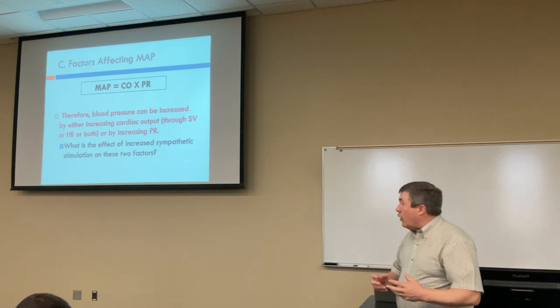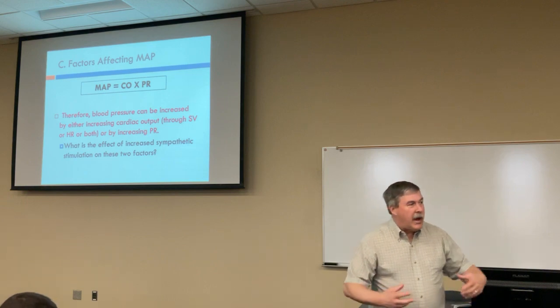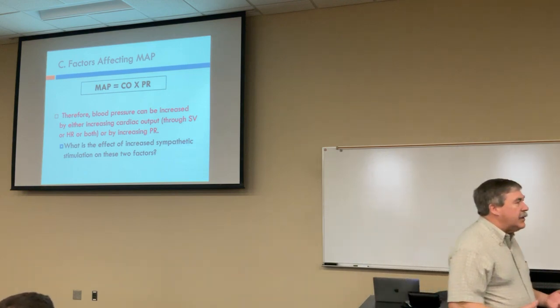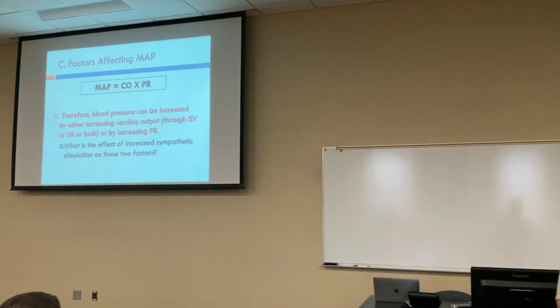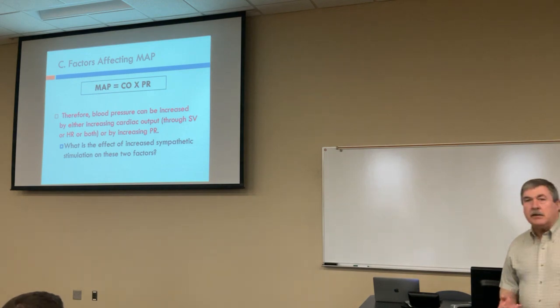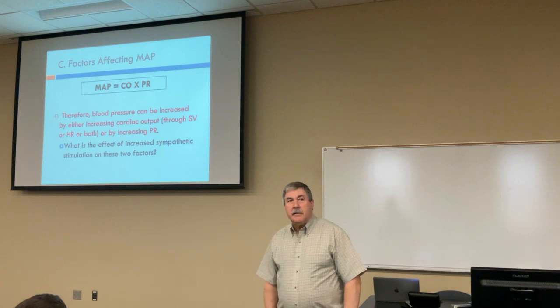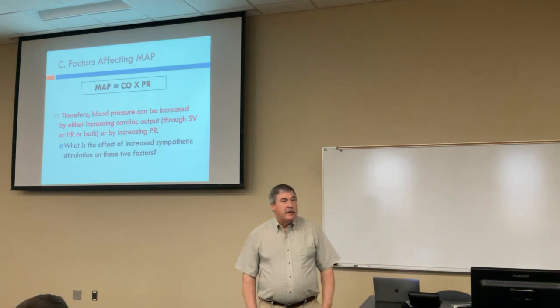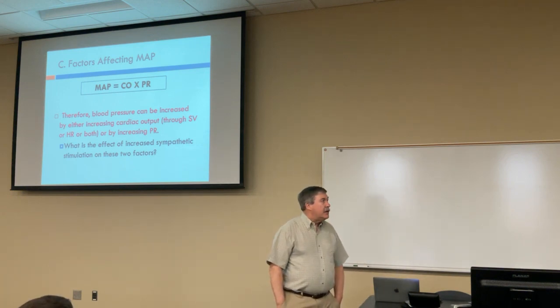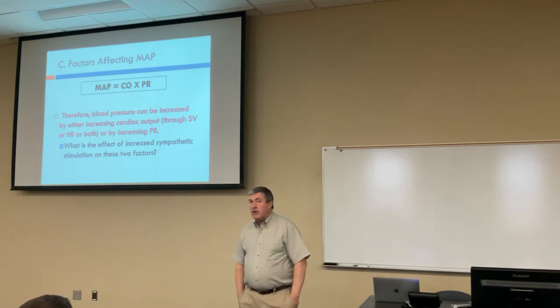Okay? So why would your body have a need to do that? I mean, don't you want your blood pressure to be relatively constant? What kind of situation would you want to have an increase in mean arterial pressure?